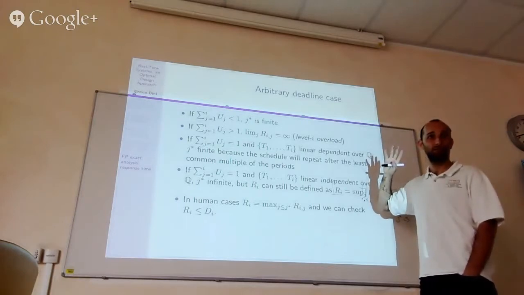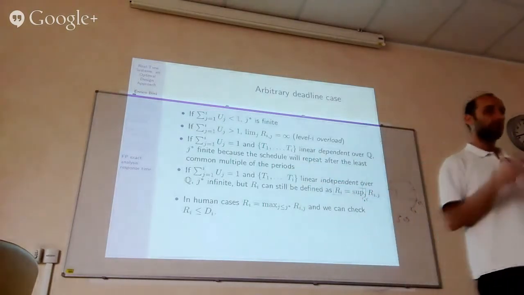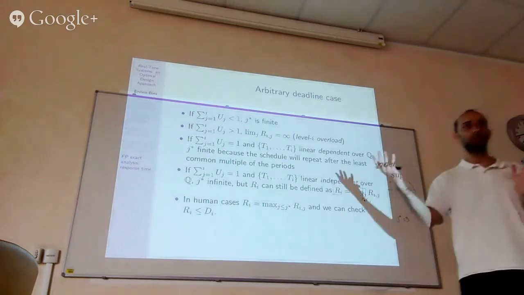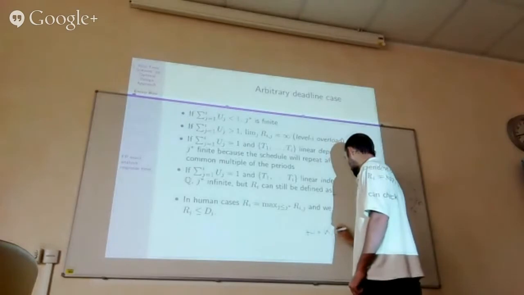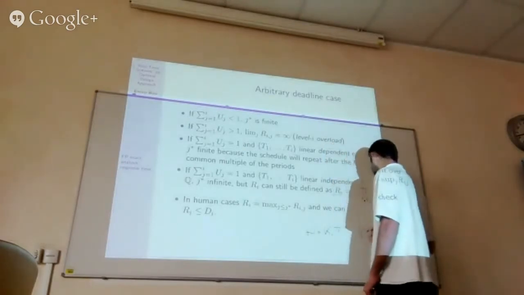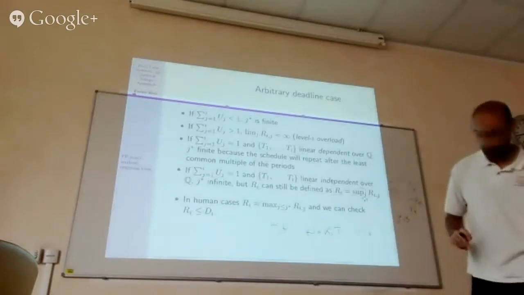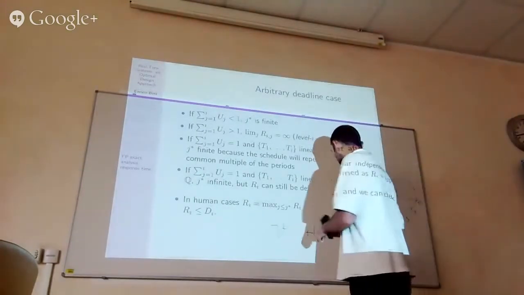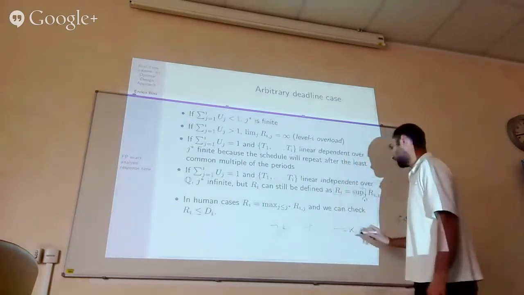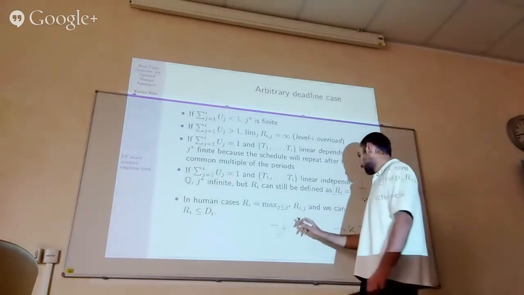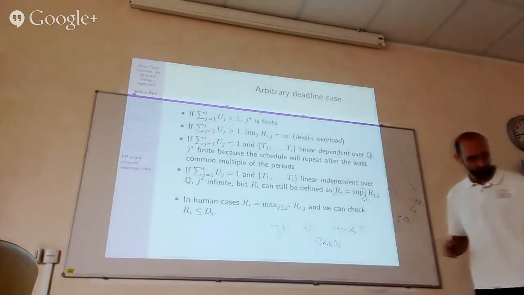Linearly dependent over the rational numbers means that there exists an h such that for all i, h equals k_i T_i, with k_i integers.